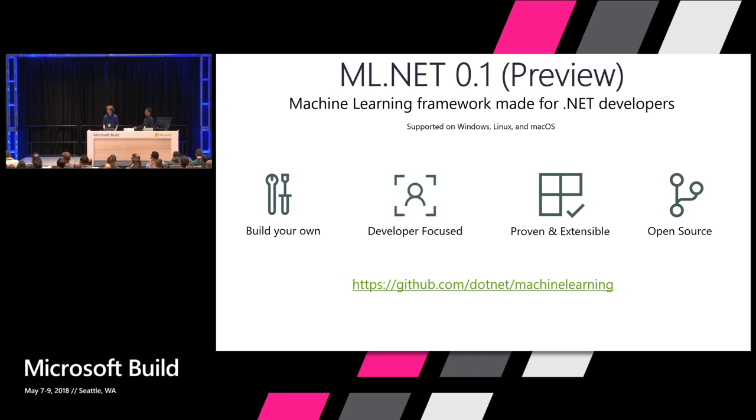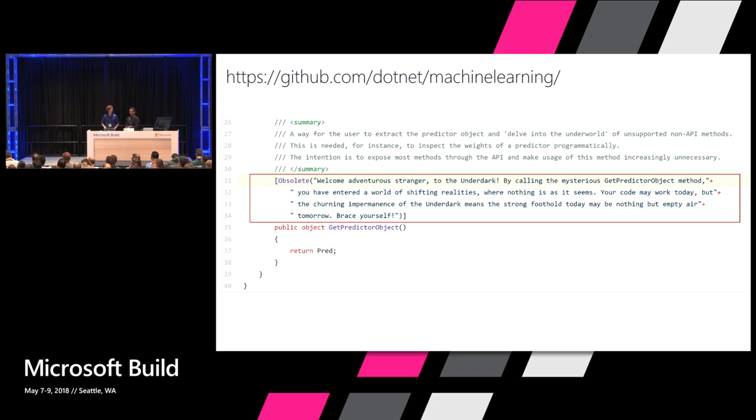Someone might ask, Ankit, you've been talking about how great ML.NET is and how extensively it's been used within Microsoft, so why is the team shipping a 0.1 preview yesterday? The answer is, and we took one of these code snippets from the code here, we'd like you to read through that snippet.